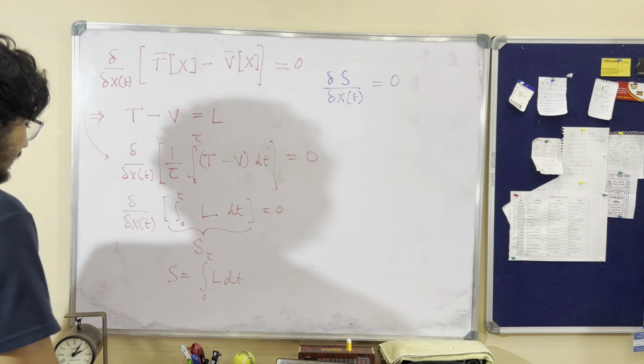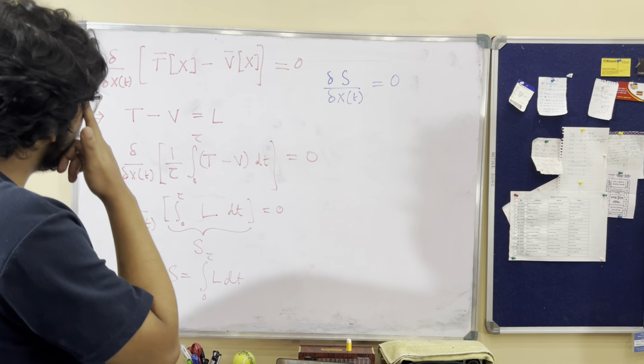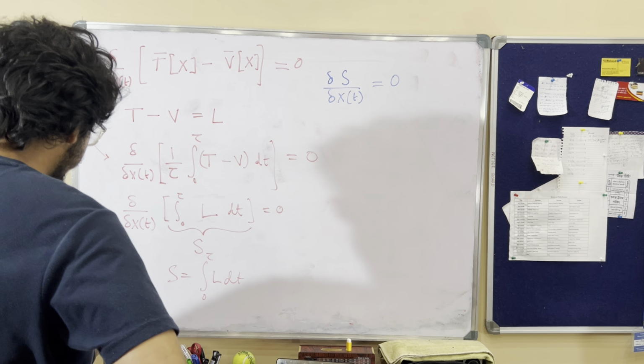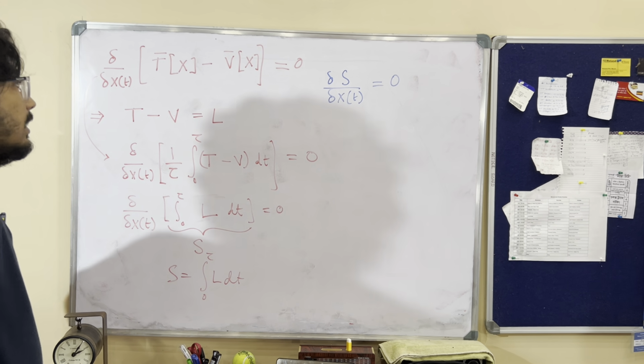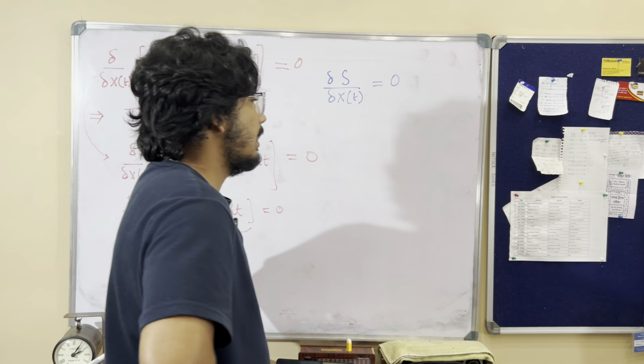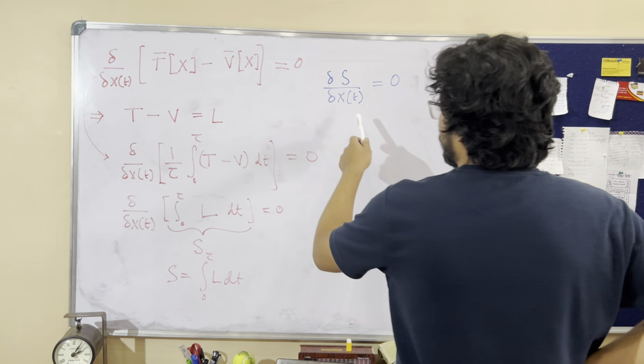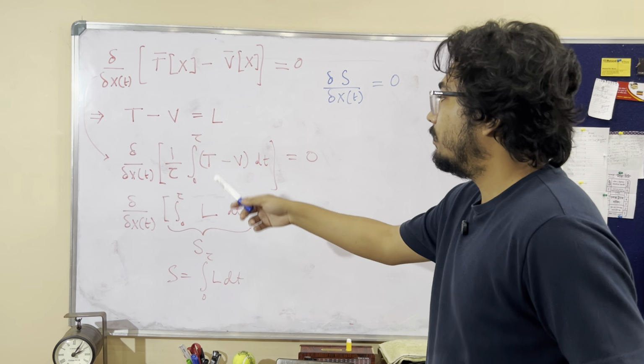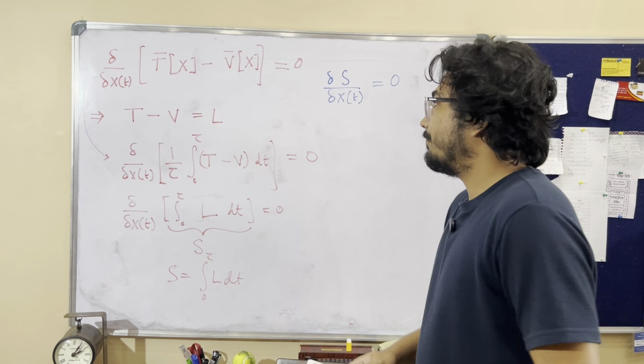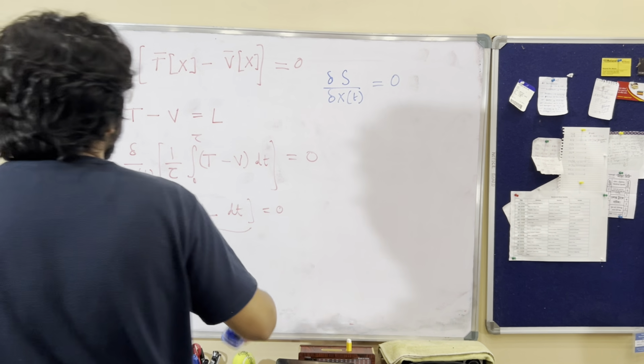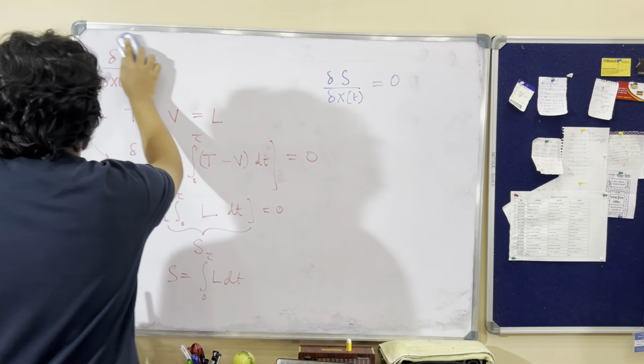And that's kind of wonderful, and it's also called Hamilton's principle of least action. And now I am interested in finding the expression in general without writing T or V, but in terms of the Lagrangian. So we will find that now.